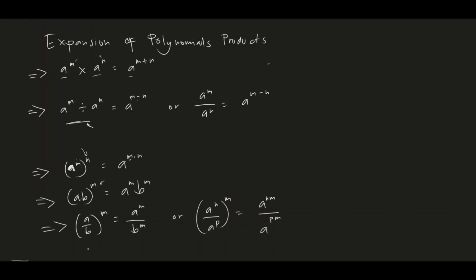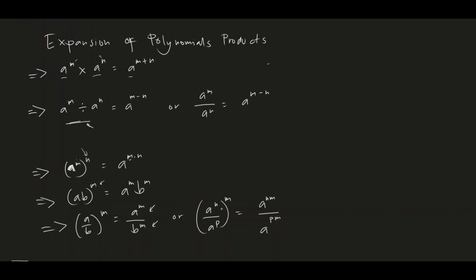And the last formula that we have here is the same thing as the fourth formula. However, it is in fraction format. So we have a divided by b, then both of them raised to m, then also distribute the exponent to each one of the terms. So we now have a raised to the m divided by b raised to the m.